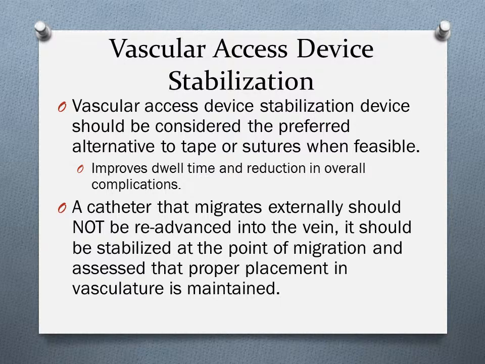The VAD stabilization should be used to preserve the integrity of the access device or minimize catheter movement at the hub and prevent catheter dislodgement and loss of access. They should not interfere with the assessment and monitoring of the insertion site, and they should never impede circulation. The devices are dependent on specific facility policy and availability.